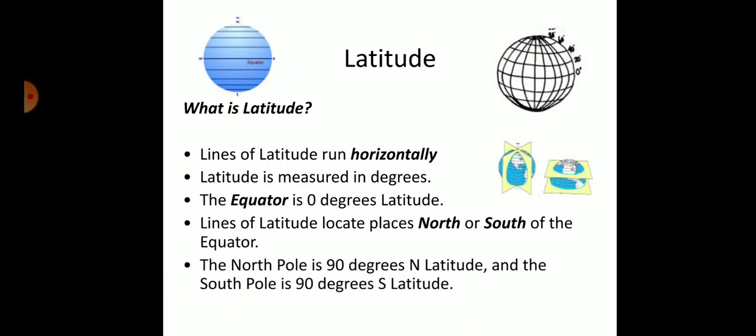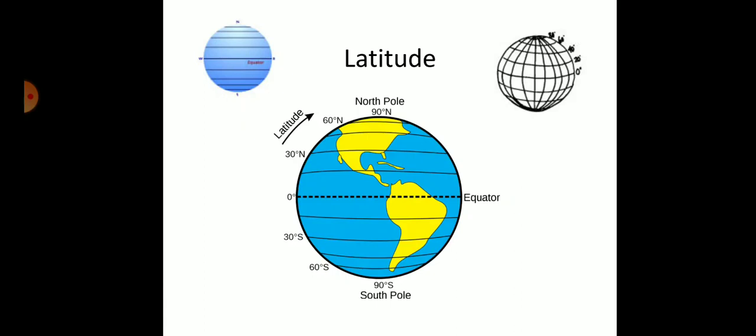The North Pole is 90 degrees north latitude, and the South Pole is 90 degrees south latitude. Let's check this picture. The middle line is the equator, and those lines on the north side and southern side of the equator are latitude.